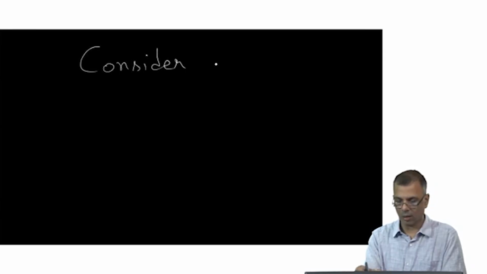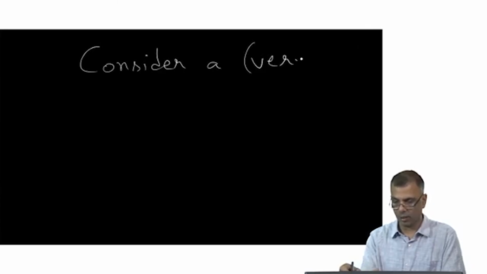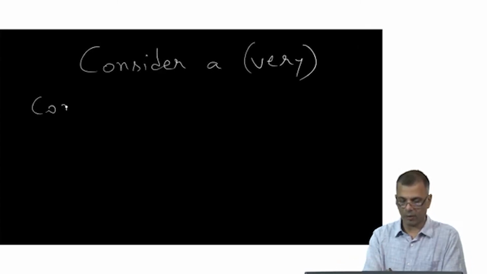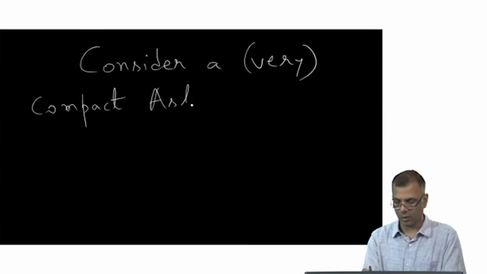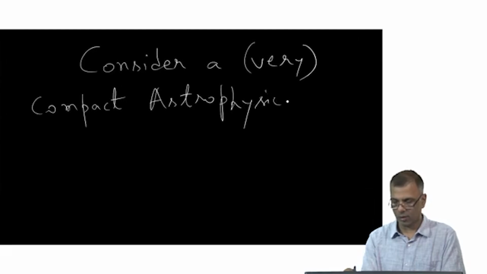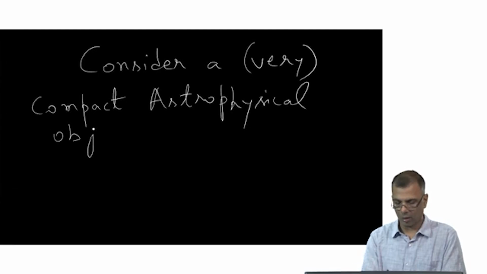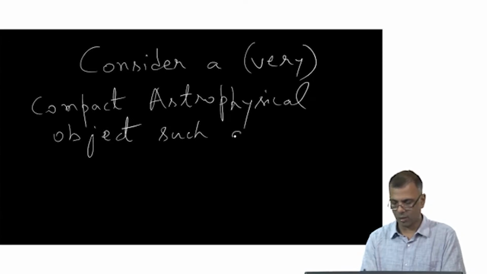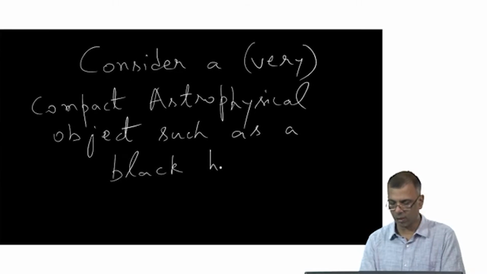Well, consider a very compact astrophysical object such as a black hole or a neutron star for that matter.